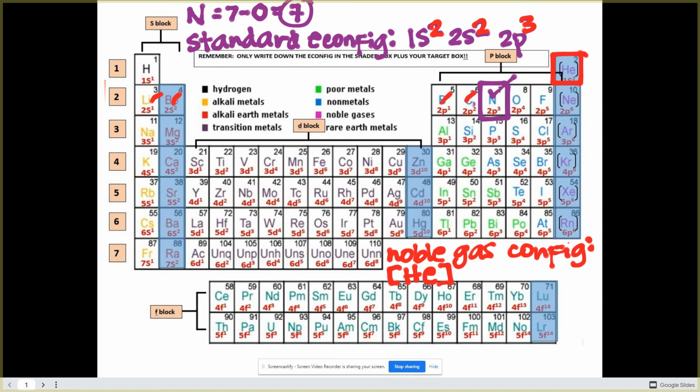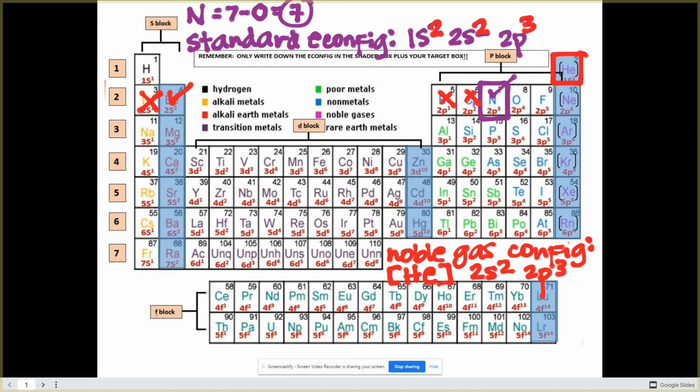Box number 3, it's not shaded, so you don't write it. Okay. All right. Box number 4 is shaded, so we write that down. So this 2s2. Okay. Box number 5, again, it's not shaded. 6 is not shaded. 7 is our target, so we have to write that down. It's going to be 2p3.